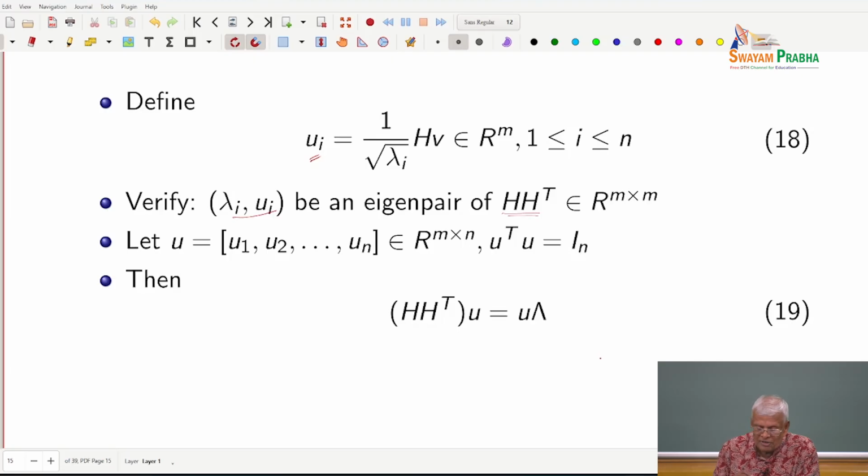So U is a matrix of eigenvectors of the larger Gramian HH transpose. So I had V, now I am having U. You may recall HH transpose U is equal to U lambda.